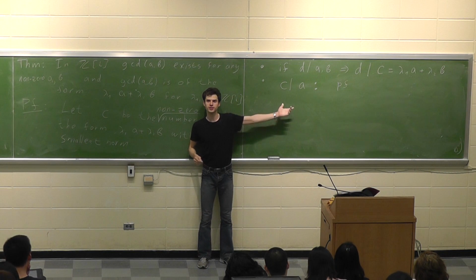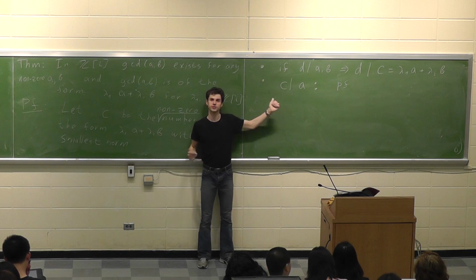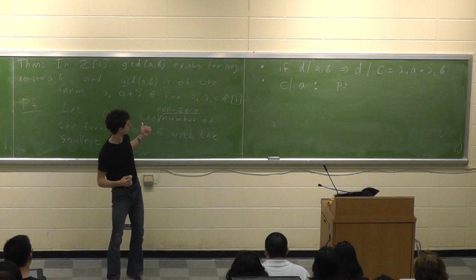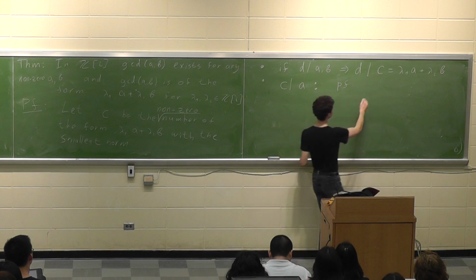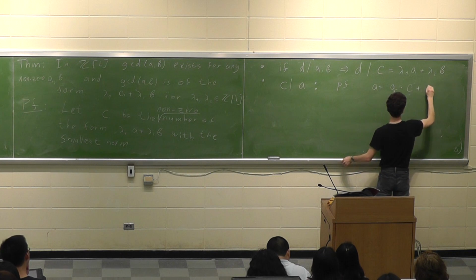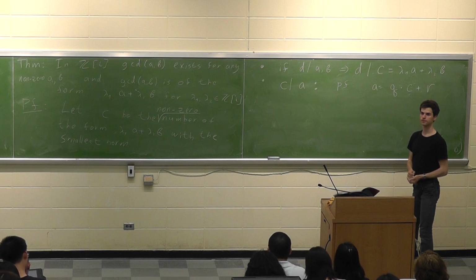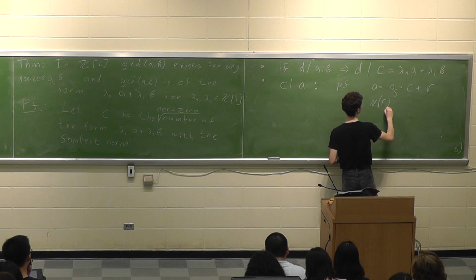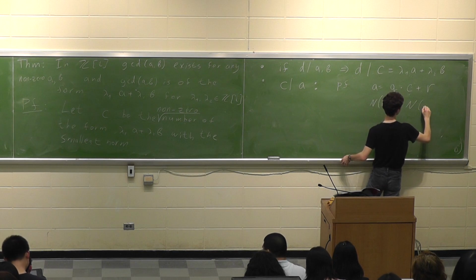When we divide A by C, there is a remainder. So let me write A as a quotient times C plus some remainder. And here I'll make sure that the norm of the remainder is smaller than the norm of C.